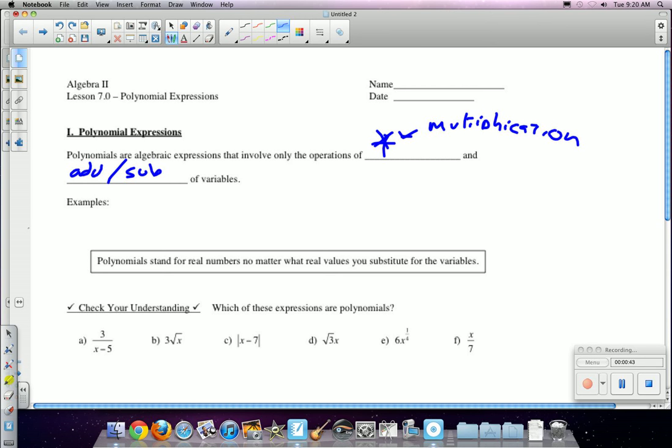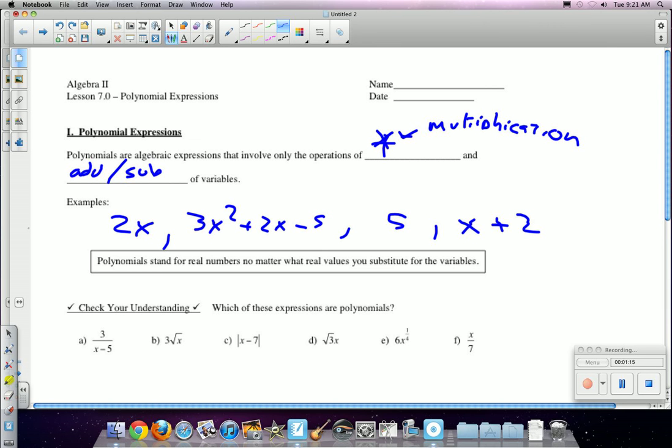For example, 2x, that's a polynomial expression. 3x squared plus 2x minus 5, that's a polynomial expression. 5 is a polynomial expression. Okay? Because only the variables are involved with multiplication and addition of different things.